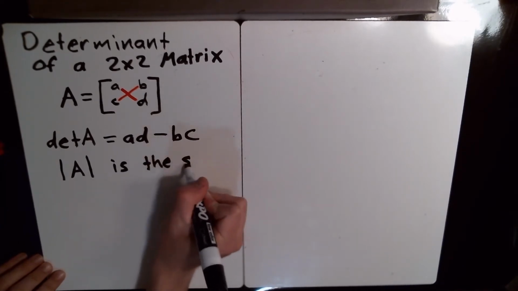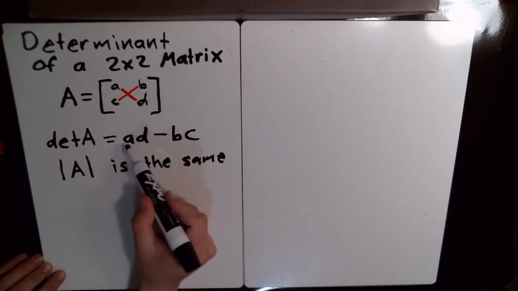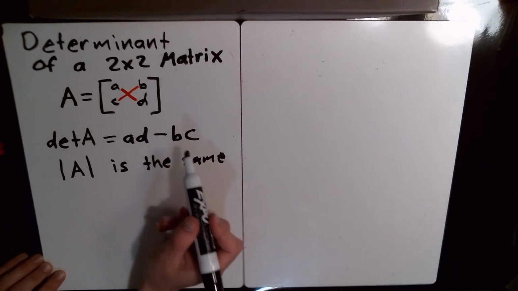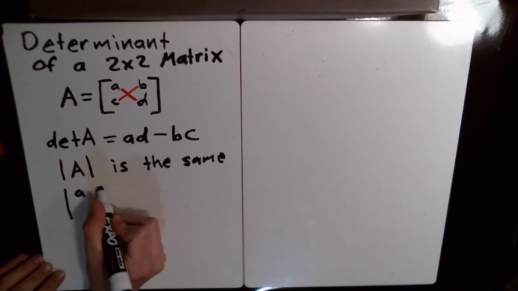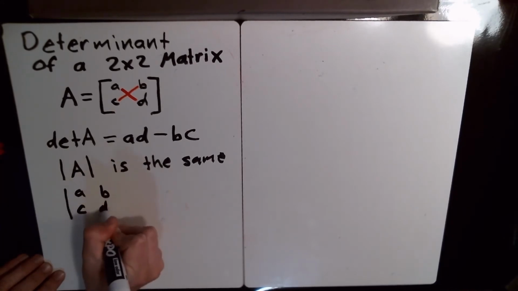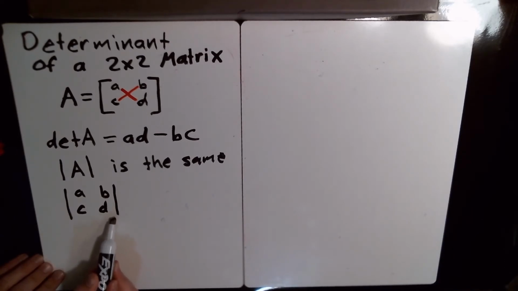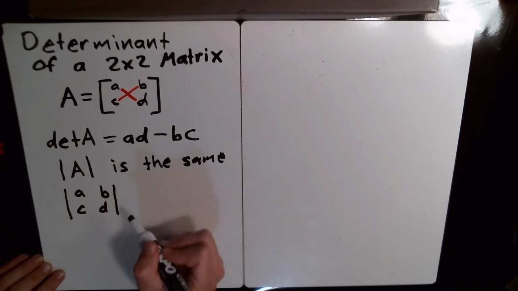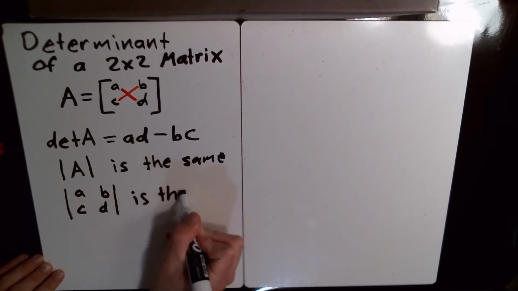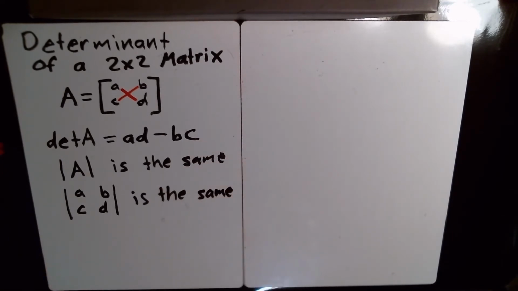It means the exact same thing, just the number A times D minus B times C. Also, you could write this in matrix form, a matrix where you don't put the little brackets, these are just bars here. This also means the determinant. So that's what the determinant of a 2 by 2 matrix is.